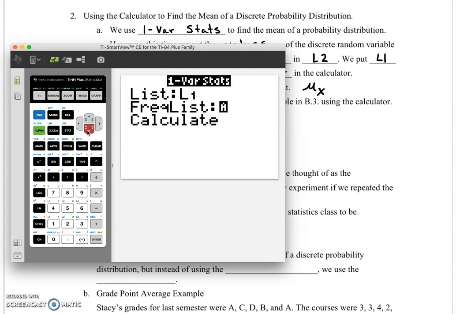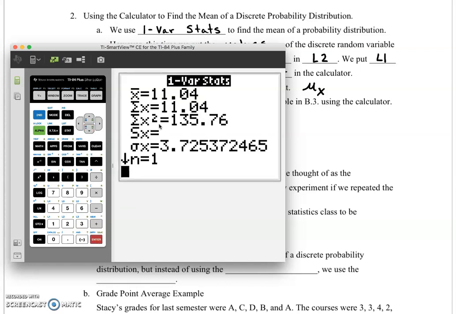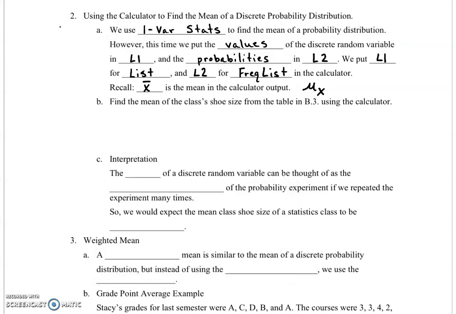Then we need to go down to frequency list and hit second and L2 to put the frequency list as L2. Then we scroll down to calculate and hit enter. And you can see that our mean, our X bar, is 11.04. So remember, the calculator calls it X bar, but we are going to call it mu sub X, and that should be a capital X, and that's 11.04.